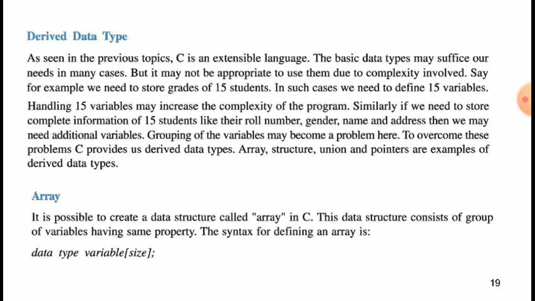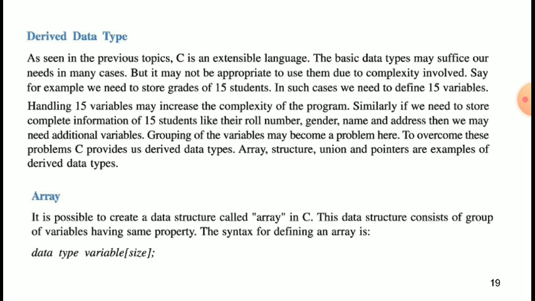Amongst all these, we will learn about an array. So an array data structure consists of a group of variables having some property. The syntax for defining an array is as follows: data type variable, then square brackets size and semicolon.